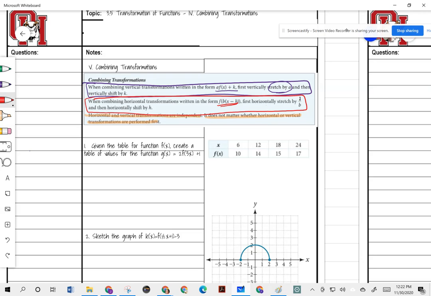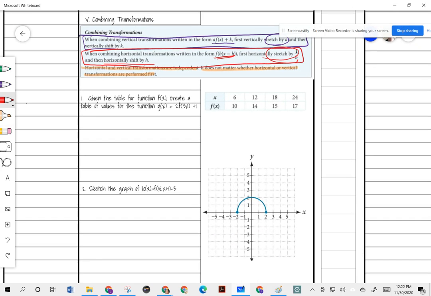And we are going to horizontally stretch or compress, and then we are going to shift. So the order matters.